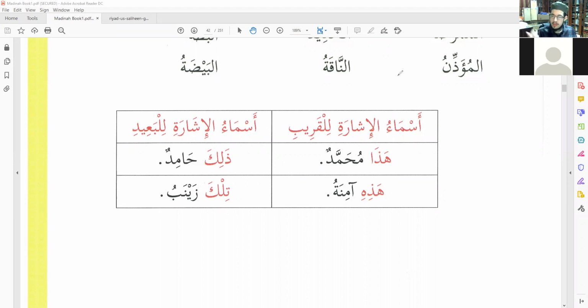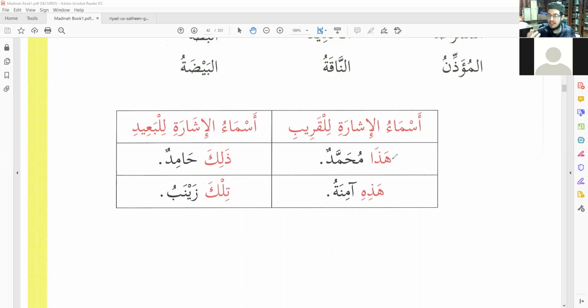Once we started with the feminine, we learned the version of hada, which is hadihi, right? But we had talked before that hada was not the only demonstrative pronoun. We learned that hada was for masculine near, just like this.